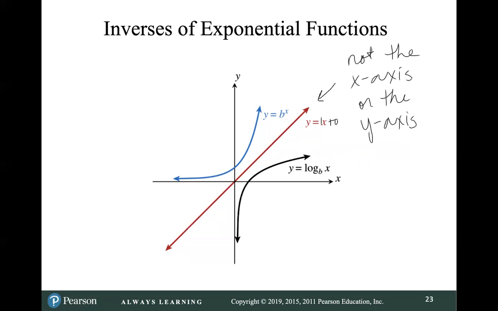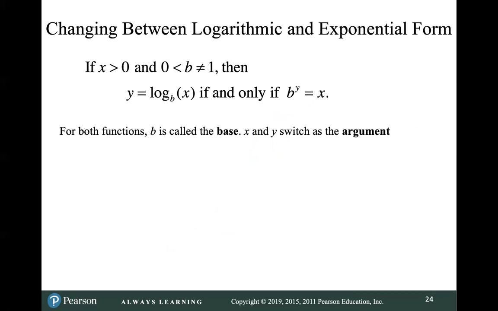The x and the y switch places, right? So this is my exponential function. And this one is what we're going to call a logarithm. And they act in the opposite way. So what does that mean? Well, it means that whatever I do as an input for one is the output for the other.